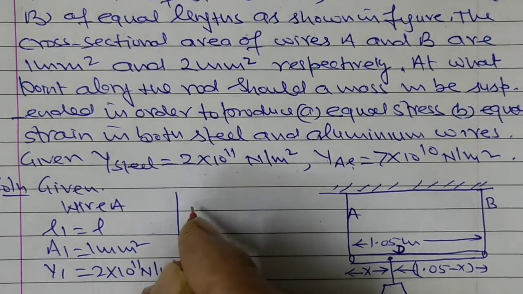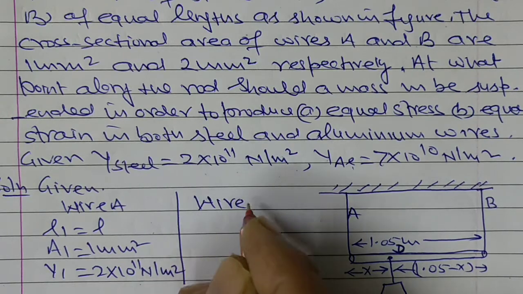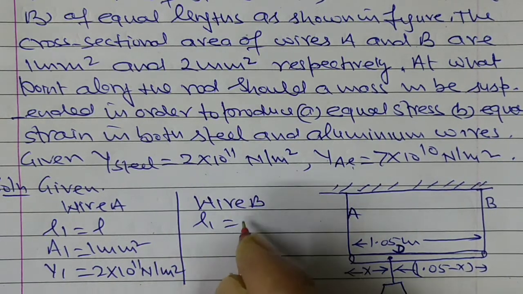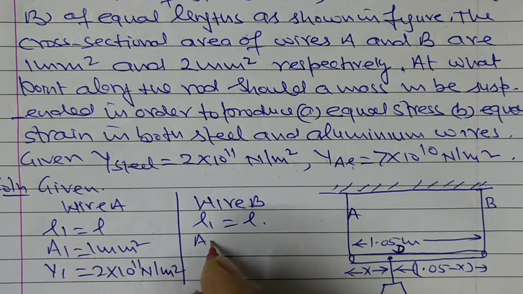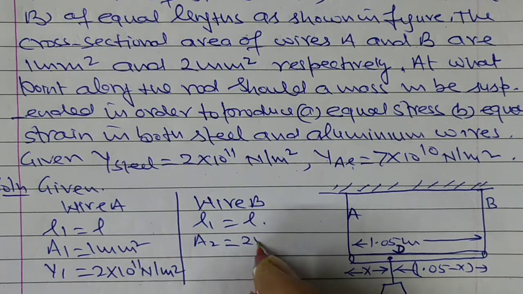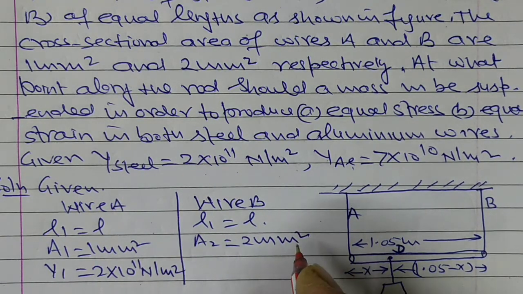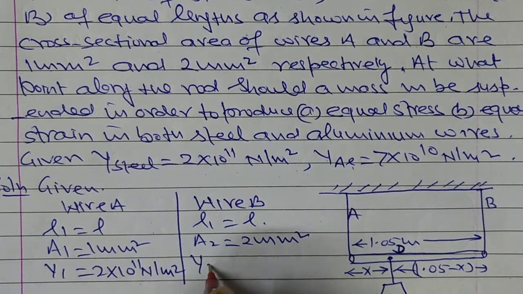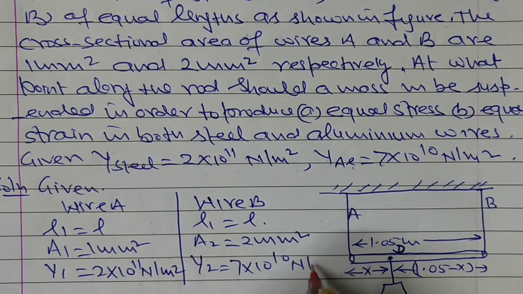Similarly for wire B, the length is also L, the area of cross section A2 is 2 millimeter square, and Young's modulus Y2 is 7 into 10 to the power 10 Newton per meter square.